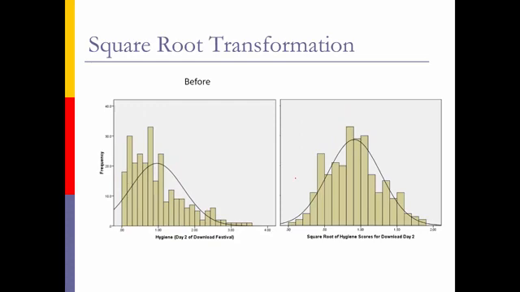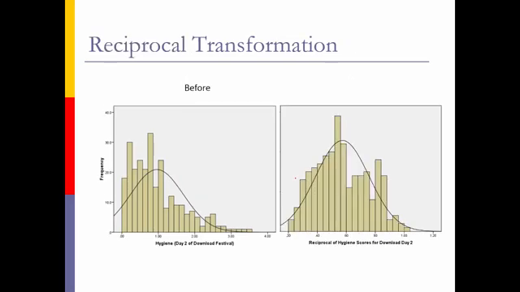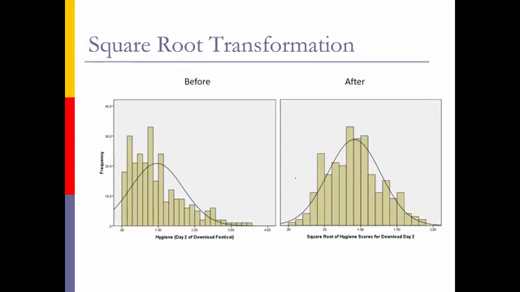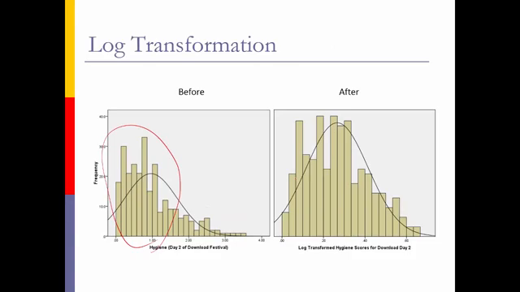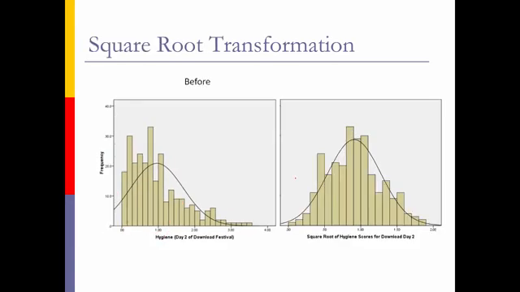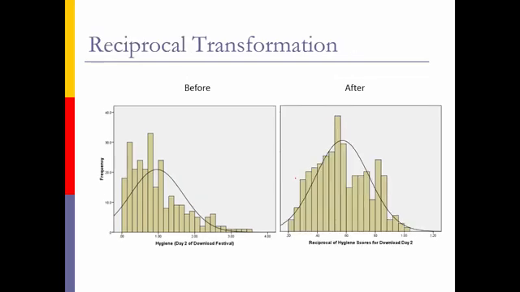The square root, again, we've got a skew. And after the skew, it looks like it is completely removed. And the reciprocal, again, we have a skew. And after the skew is removed, but clearly, when you look at the 3 options, it looks like the square root transformation is the best of the 3, and so that is the one that we would choose to proceed with.